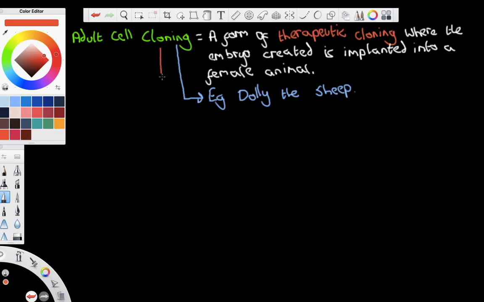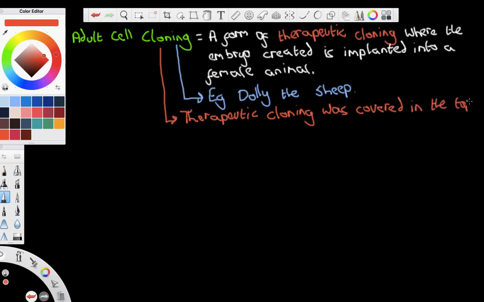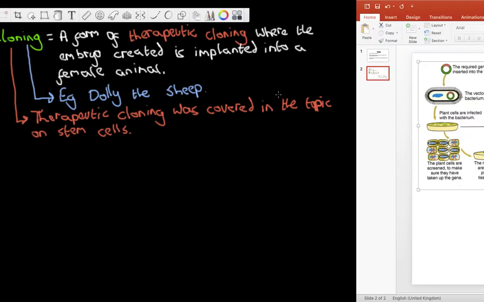So we can say that therapeutic cloning was covered in the topic on stem cells. Okay, so that was way back at the start of the course.